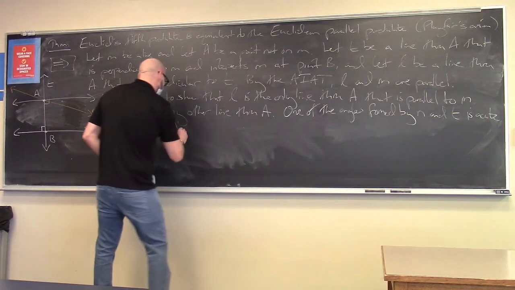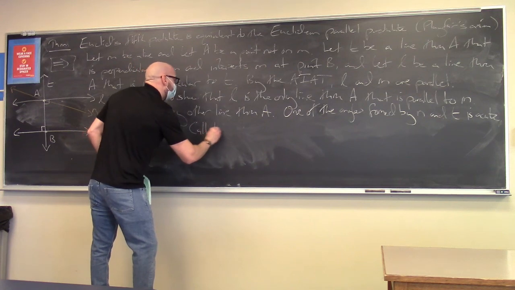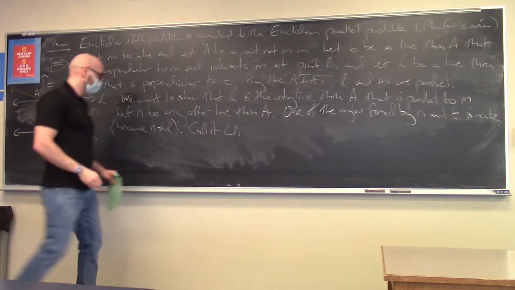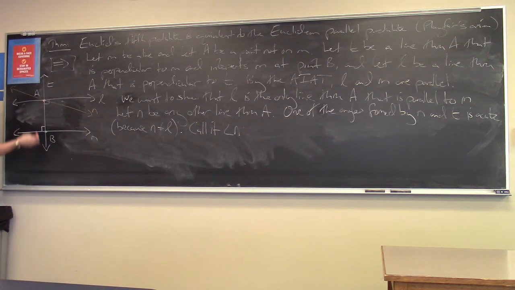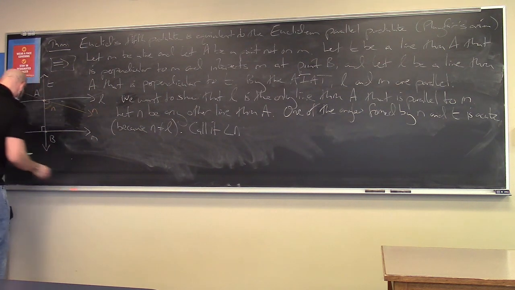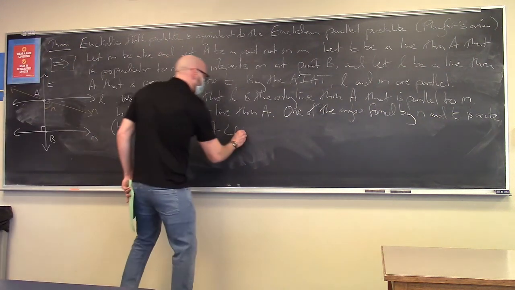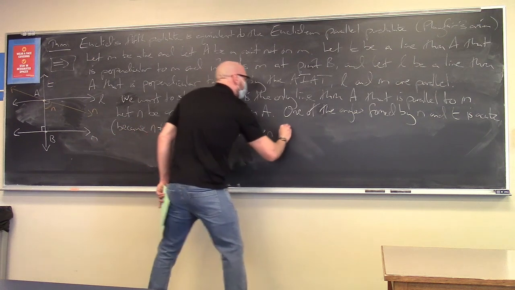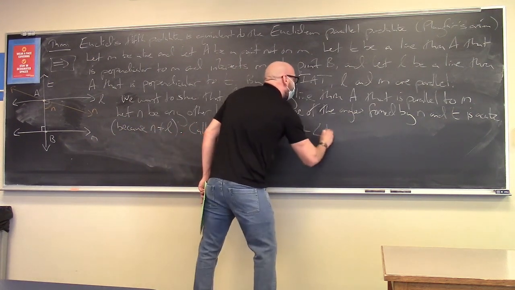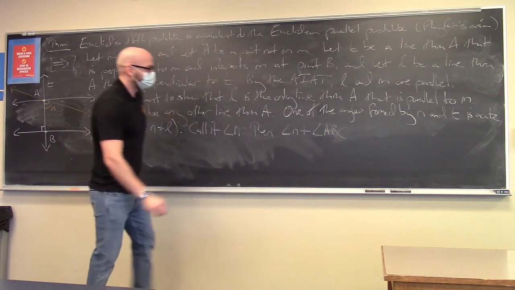And we'll just give it a name. We'll call it angle N. So in this picture, I've got two of them. We'll invoke this one right here. This angle. There's my angle N. Then angle N plus angle ABC, this angle I haven't defined yet.